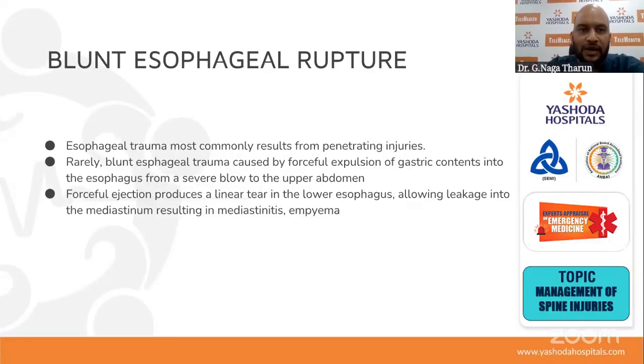Coming to blunt esophageal rupture: esophageal trauma most commonly results from penetrating injuries like stab injuries. It is very rarely seen in thoracic injuries, but esophageal trauma can be caused by the forceful expulsion of gastric contents, for example when the patient is driving a car, in whiplash injuries, or from a severe blow to the upper abdomen.